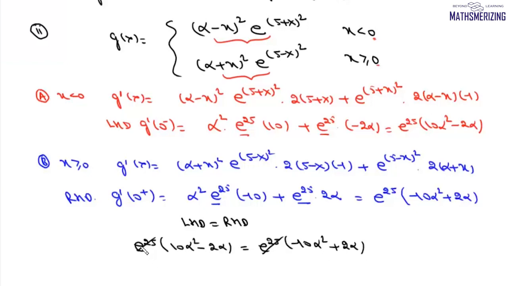Now e to the power 25 will cancel, so we'll get 10 alpha square minus 2 alpha equals 0. That is, the value of alpha is either 0 or 1 by 5. So this function g x will be differentiable when alpha is 0 or alpha is 1 by 5.